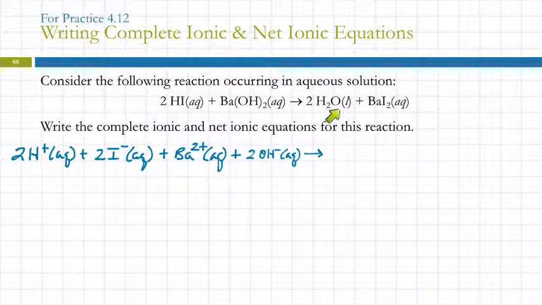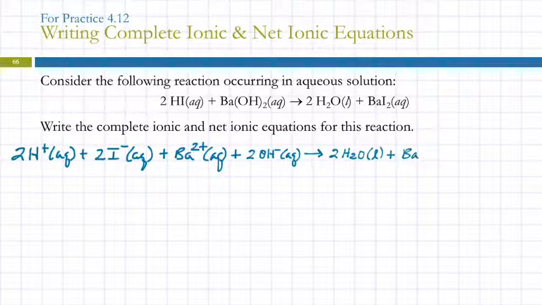Let's go to the products. Here I have L. L means this is a liquid. Don't split it into ions. Just copy it down. 2H2O, liquid. And then barium iodide, this is soluble. It's not an acid, so I definitely need to separate it.